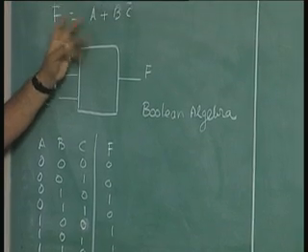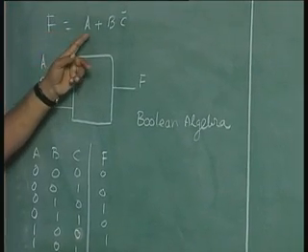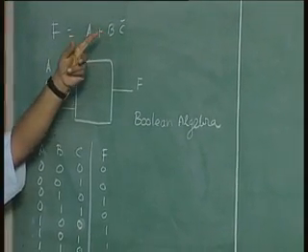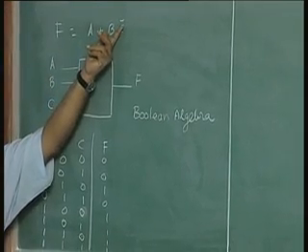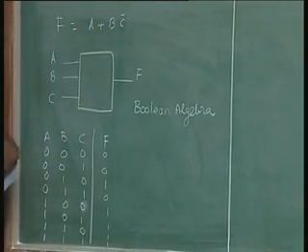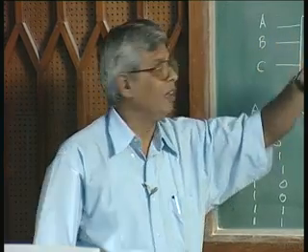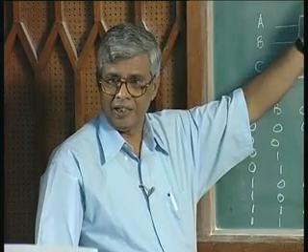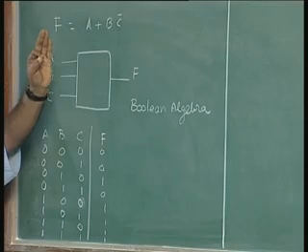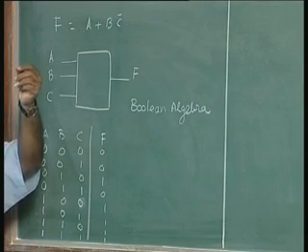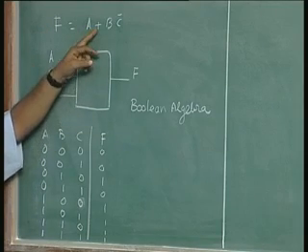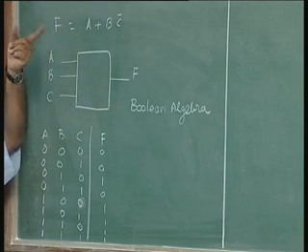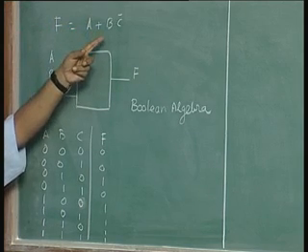That means we have an output which is written as a series of terms which are AND functions. When you say product, you give an arithmetic analogy. Even though it is B and not C, we call it a product, B C not. When you read it, you say B C bar, so it is a product. And even though this is an OR function, we call it a sum because it is a plus sign. So, this is a sum of products.